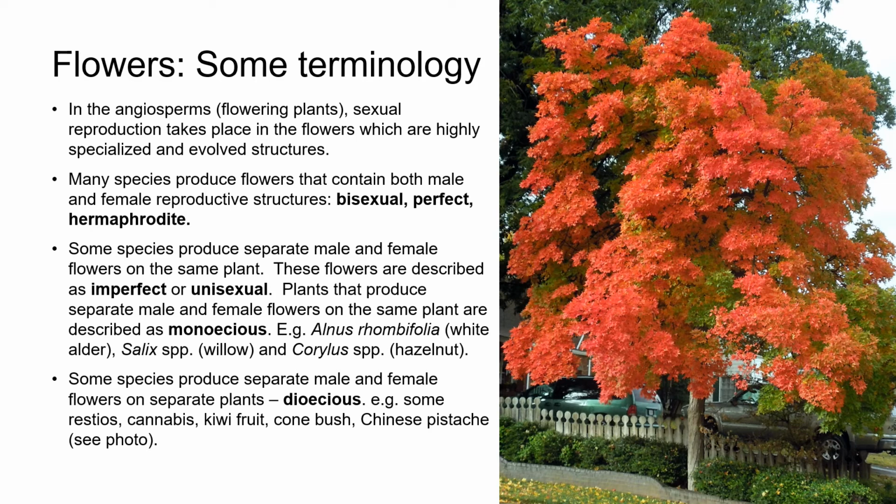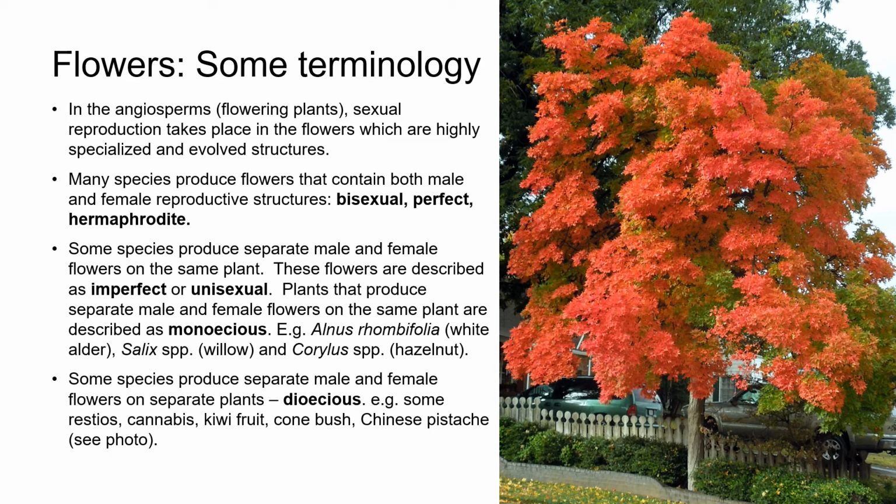And plants that produce separate male and female flowers on the same plant are described as monoecious, which means one house. Mono means one or single, and ecious is derived from the Greek word for house. Examples of monoecious plants include our native white alder, Ulmus rhombifolia, willow, and hazelnut.